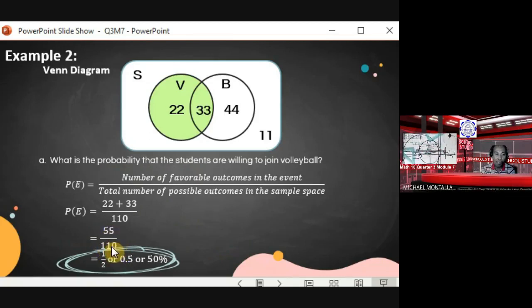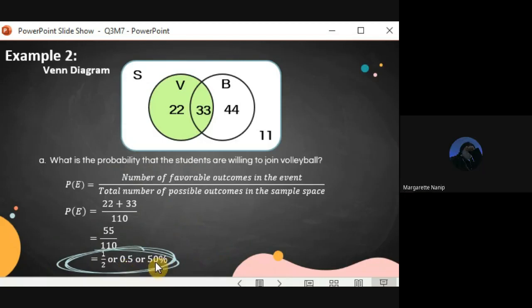Pag 55, dinivide mo sa 110, ang sagot natin doon, 0.5. Saka mo i-times sa 100. Ang sagot doon, 50%. O, di ba sabi natin kanina, ang probability ay pwedeng isulat ng fraction na nasa lowest term o simplest form, pwedeng decimal at pwede ang percent. Did you get it? Opo.